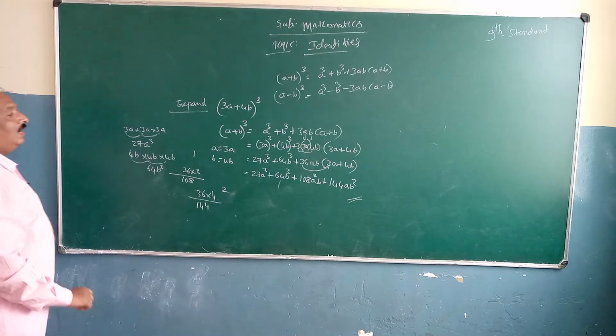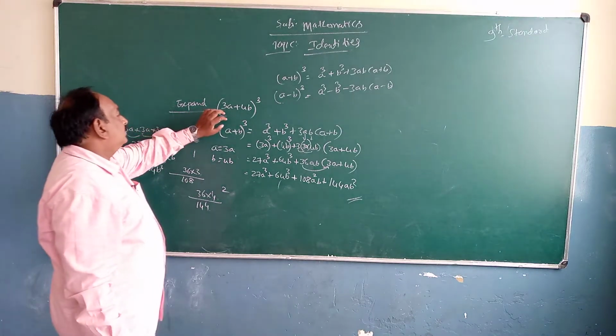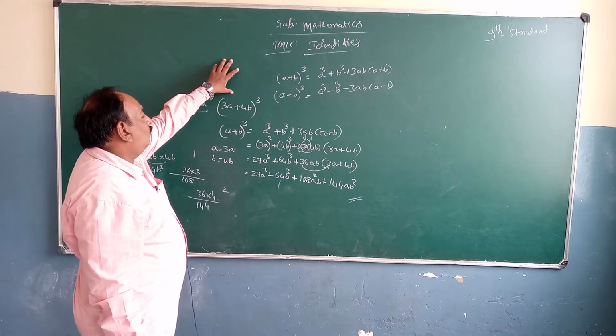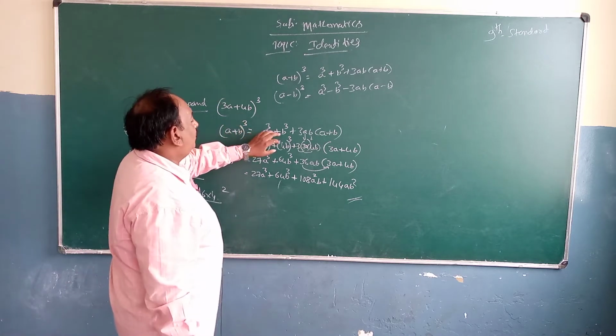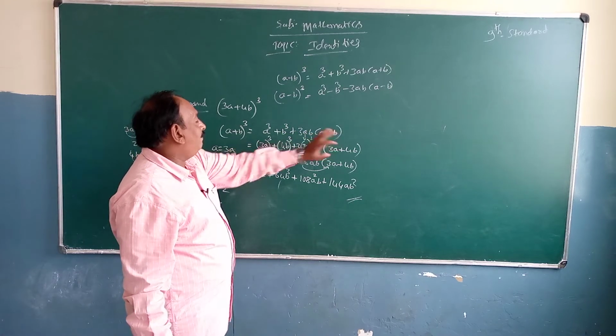So the answer, the expansion of 3a plus 4b whole cube: a plus b whole cube is equal to a cube plus b cube plus 3ab into a plus b.